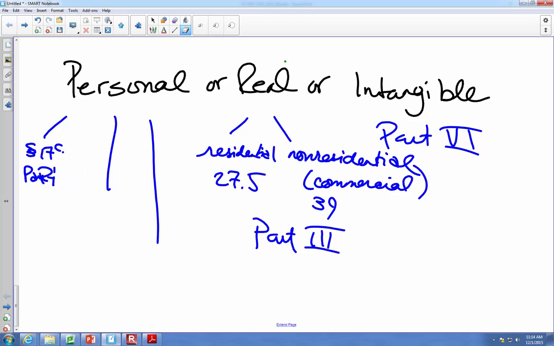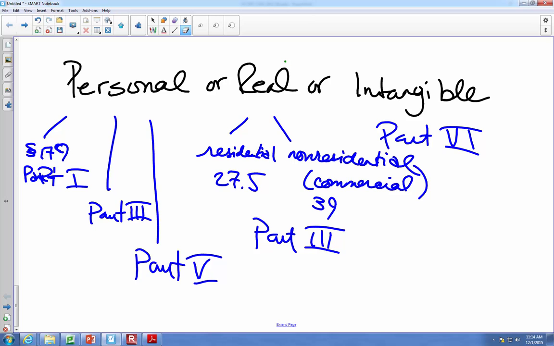They can be in part 3, just regular old makers, or they can be in part 5 as listed property.